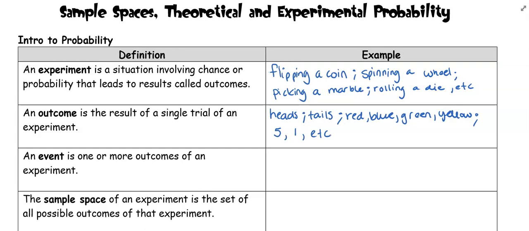An event, this one gets a little bit trickier. An event is one or more outcomes of an experiment. So we're looking at choosing a king from a deck of cards.